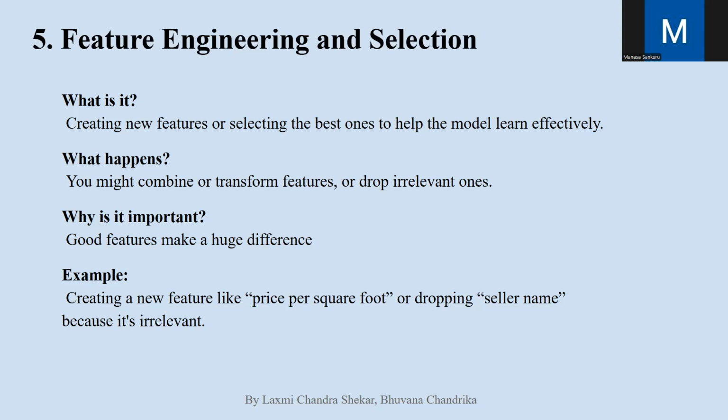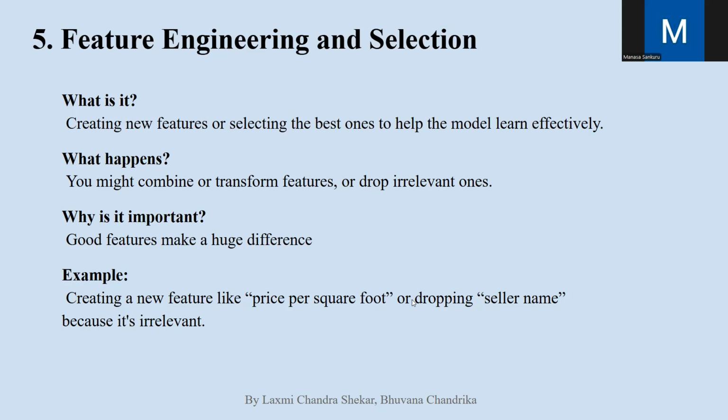Now we are going to make this data in such a way that it makes things easier for our model to learn better. We are going to create a new feature like price per square foot. We are going to be very precise, so it is easy for the model to understand.